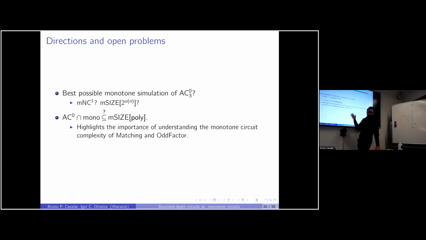Can you prove a circuit lower bound for computing odd factor? Because odd factor is in log space, that would settle the question of Grigni and Sipser by using the same depth reduction and padding tricks. Okay, so can you show an exponential monotone circuit lower bound for this function?